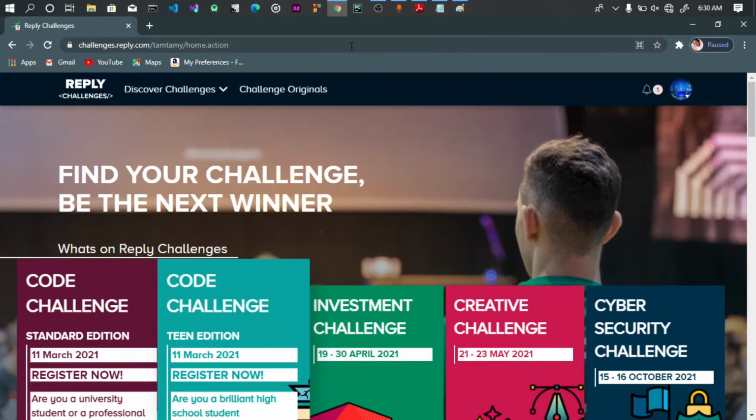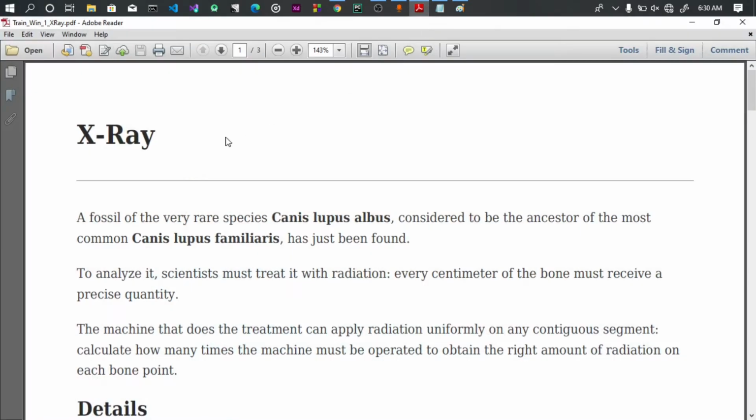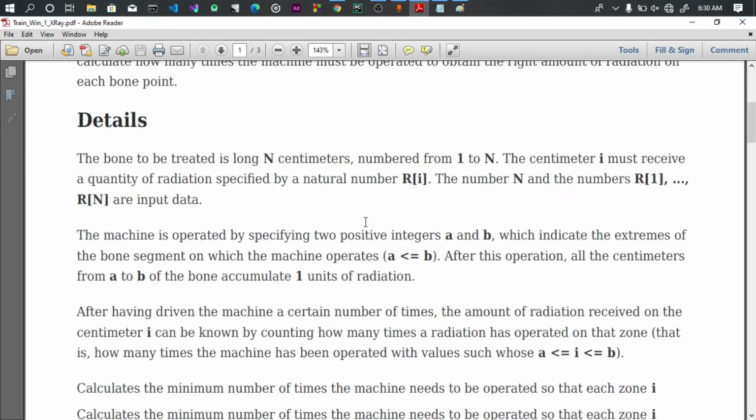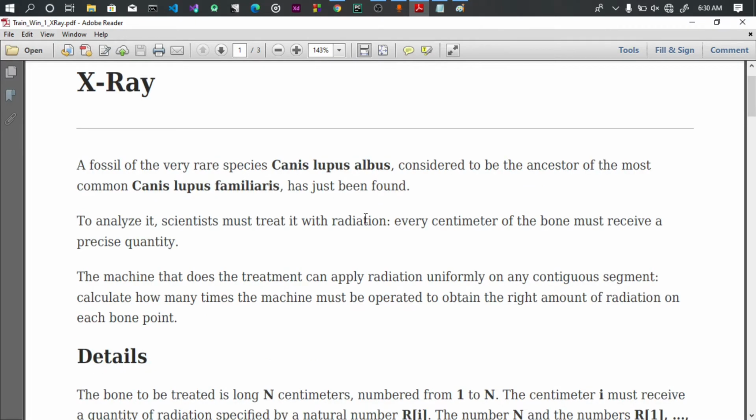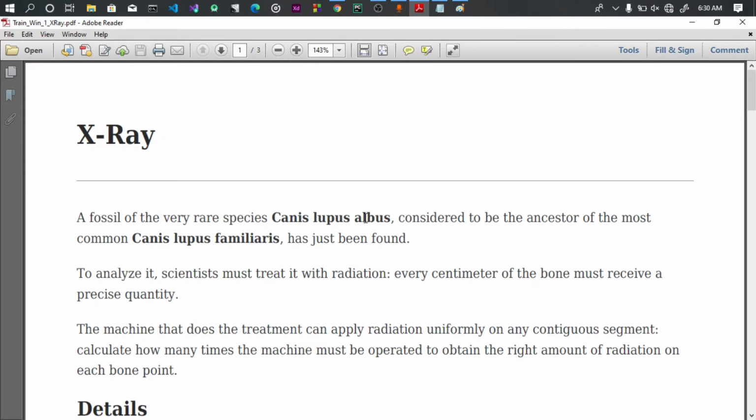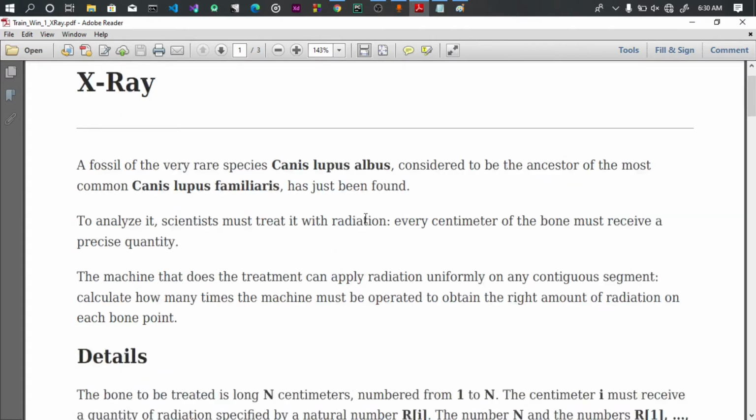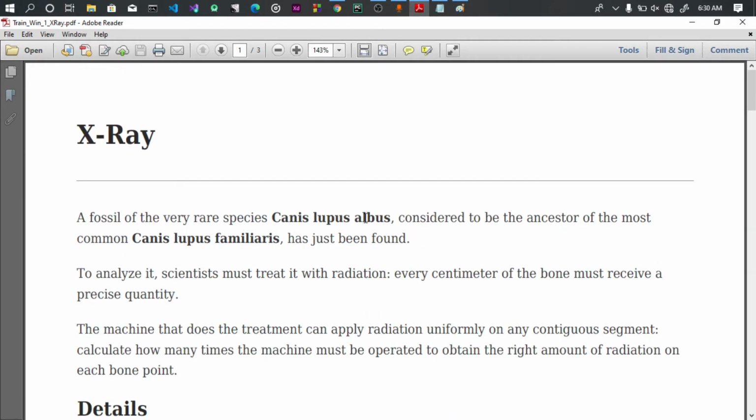In this video, as I said before, we're going to be analyzing this problem set from the Reply Challenge website. This problem set is basically an X-ray related problem. I'm going to read it as fast as possible. If I'm too fast, don't be bothered, because I'll still take my time to analyze and explain how to approach it.